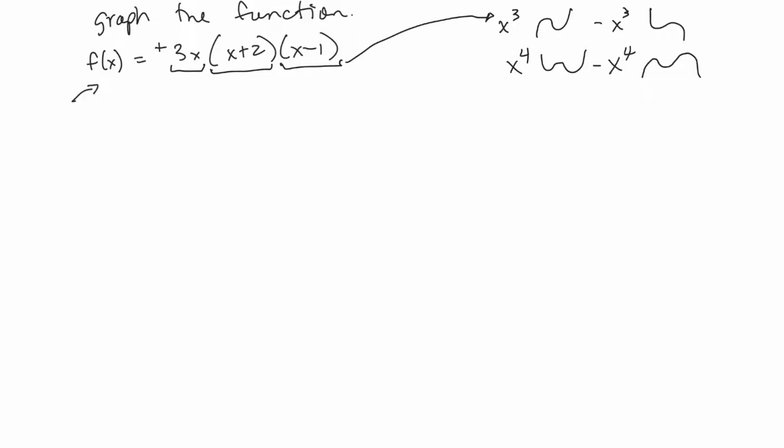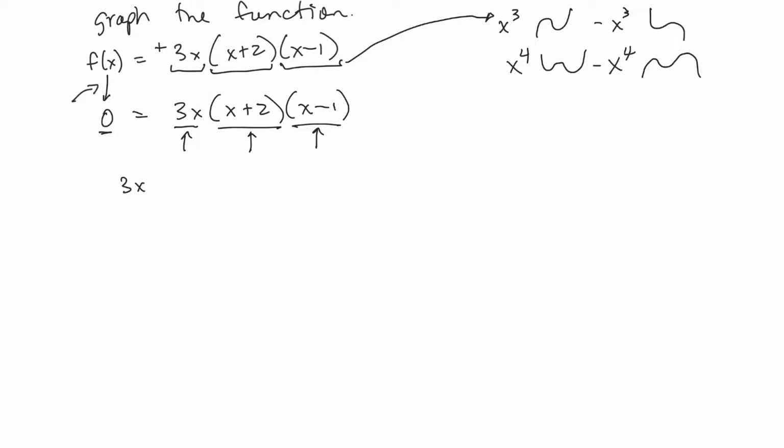To find the x-intercepts, I can let f of x equal 0, or let y equal 0. Then, as this is already factored, I can use the zero property that says if I multiply anything by something and it comes out to 0, then one of these three things must equal 0.